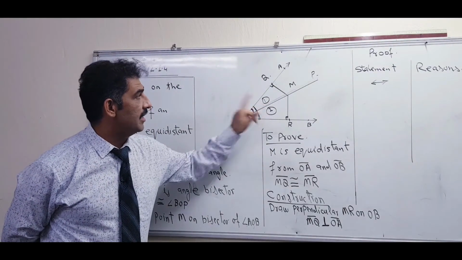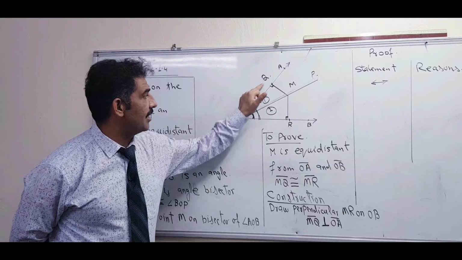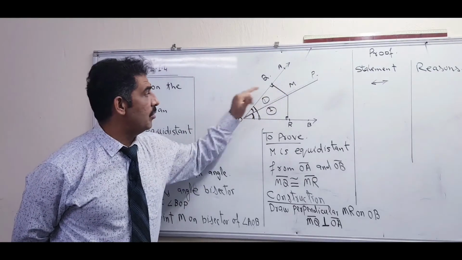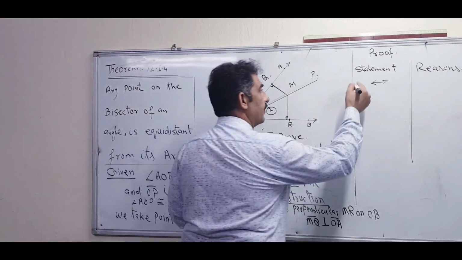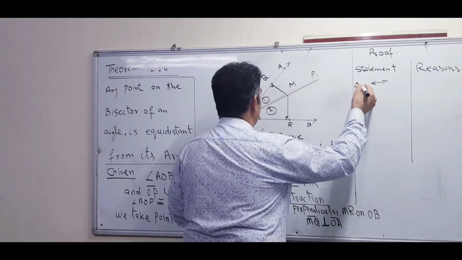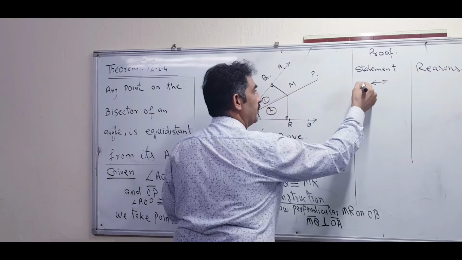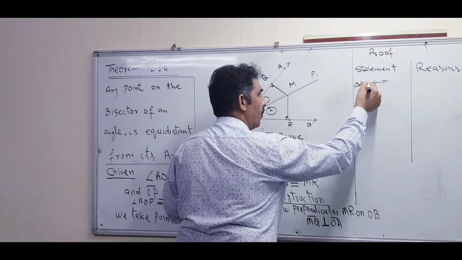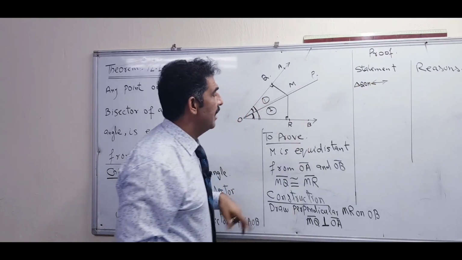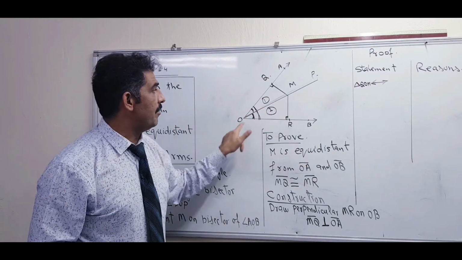We can say triangle QOM or MOQ, but you have to write O in the center. So triangle QOM, and the second triangle MOR.